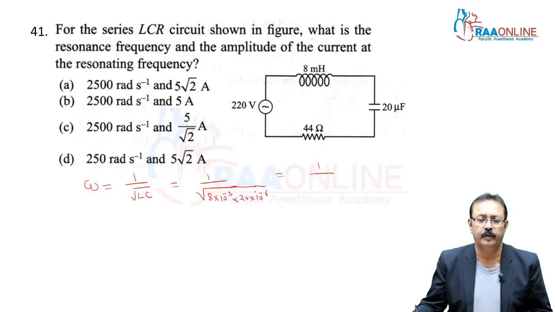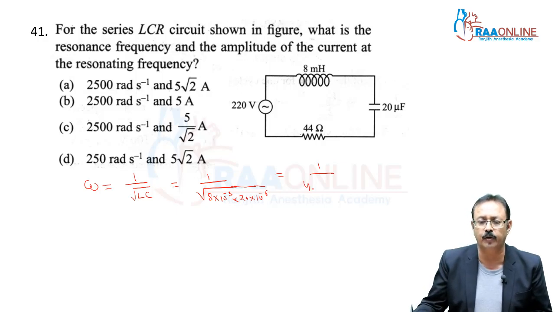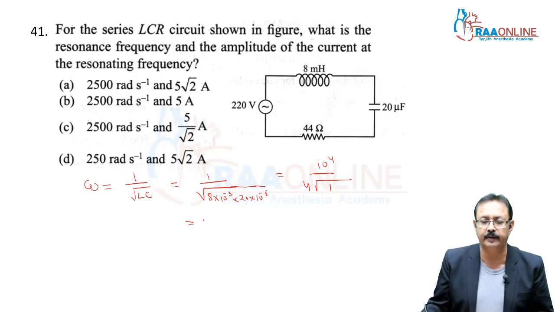1 upon root of 8 into 2, 16. So we take 4 out of the square root. The powers of 10 combine so that nothing remains under the square root. 10 to the power 4 means 100 into 100, and 100 by 4 is 25. So we get 2500 radian per second.